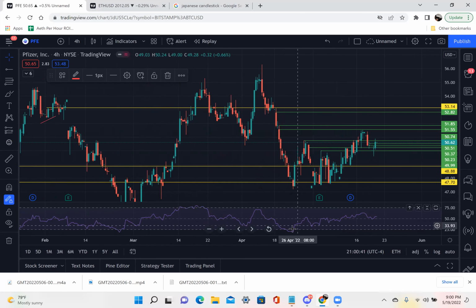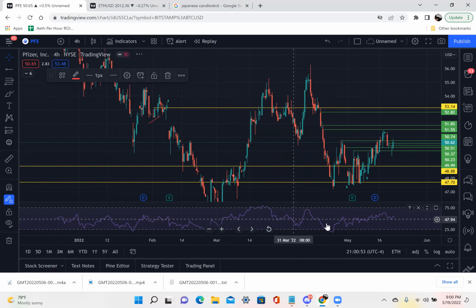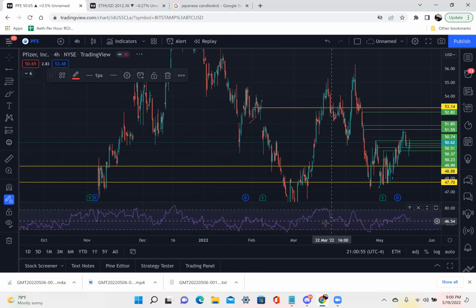I'm still testing this strategy because I just started doing it a couple months ago, and you can still see where it drops down. I still don't want to change it to like 80-20 because it's still bouncing pretty nicely right here.